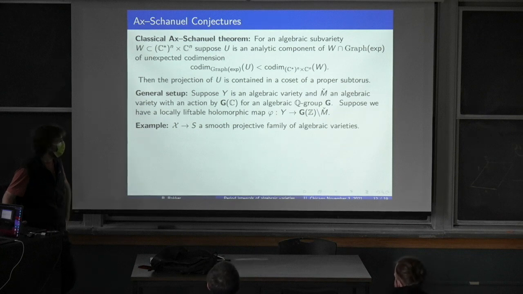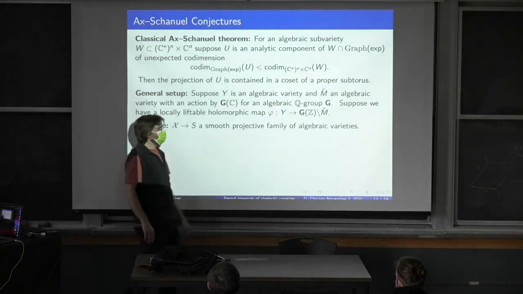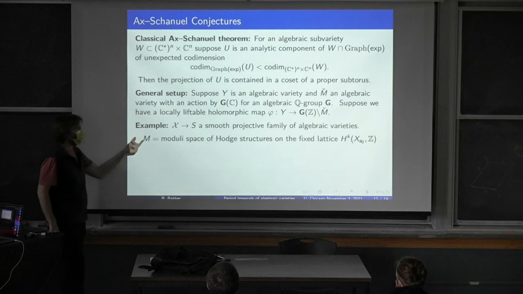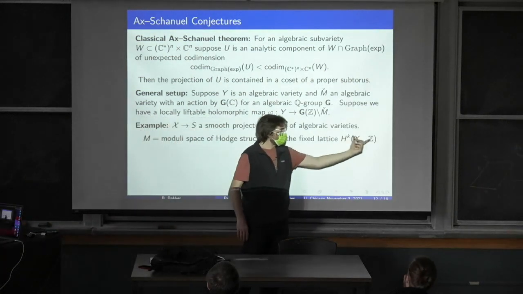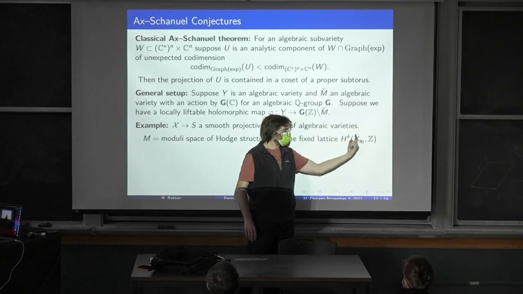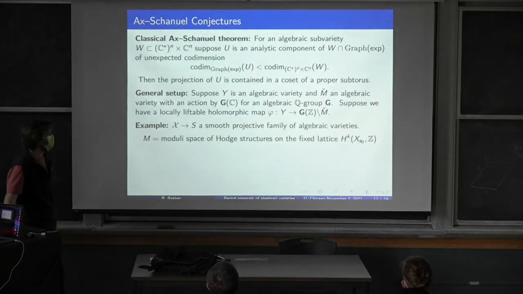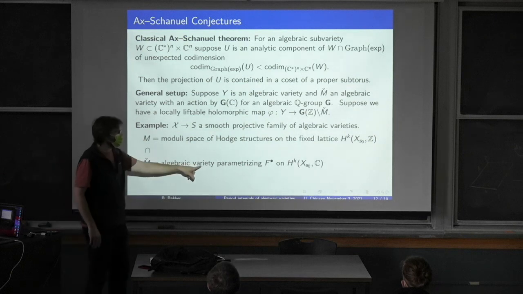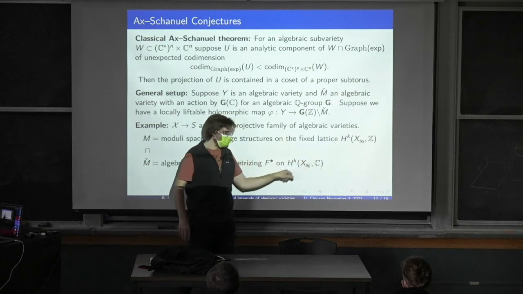Something that it includes is families of Hodge structures, as we've been talking about. So if I take X over S to be a smooth projective family of algebraic varieties, then I can take M to be just the moduli space of Hodge structures on the cohomology above a single point. I'm just fixing that as a lattice. And I can take M hat to be the algebraic variety which parameterizes Hodge filtrations on this fixed complex vector space.